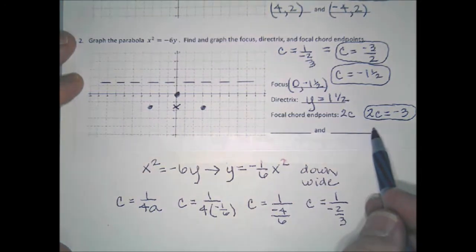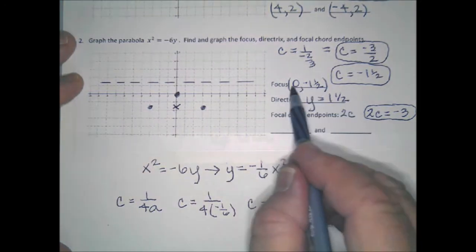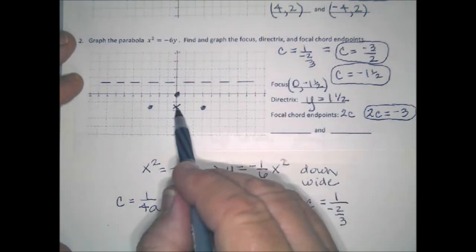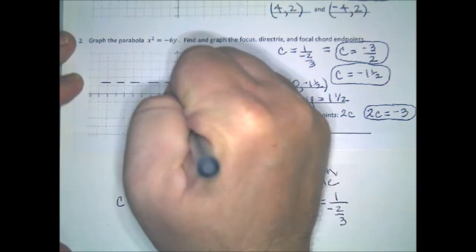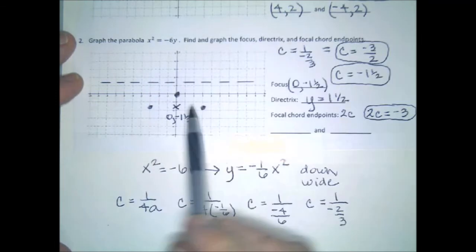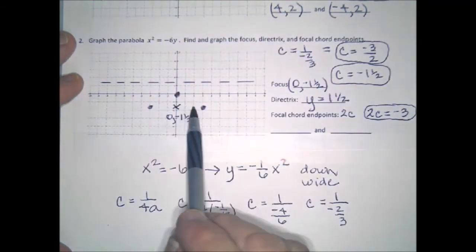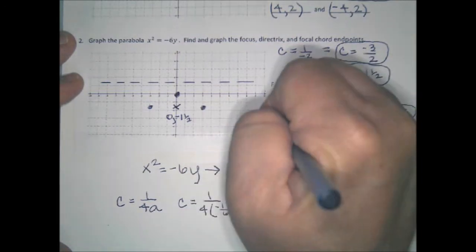And now let's just figure out what those 2 points are. Remember, the focus was 0, negative 1 and 1/2. If I take 3 steps to the right, I'm now at 3, negative 1 and 1/2.